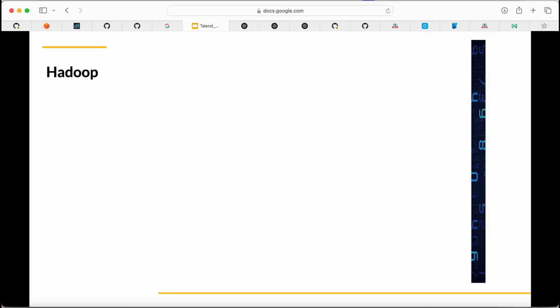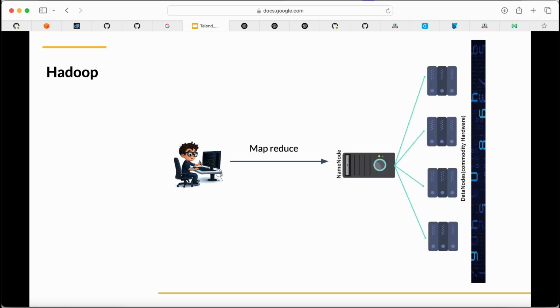Originally we were using Hadoop, an open source distributed computing framework, and its HDFS file system component to store and process large volumes of structured and unstructured datasets across clusters of inexpensive compute nodes. But it wasn't enough to just store all this data; you also need to run analytics on it.